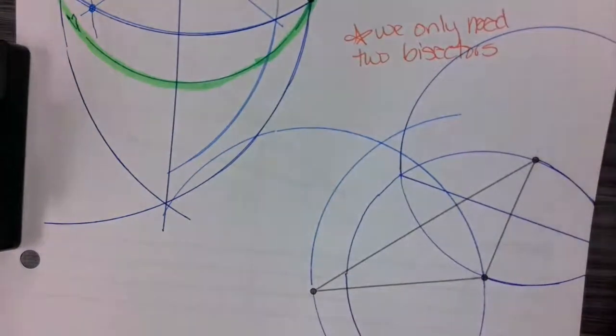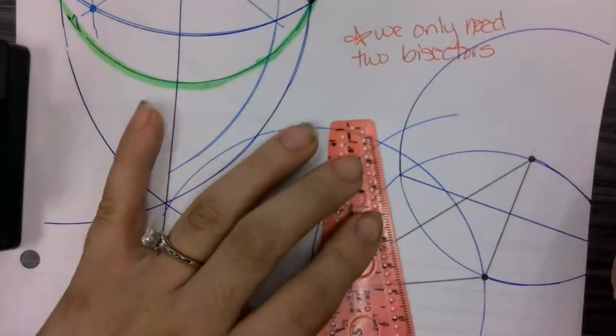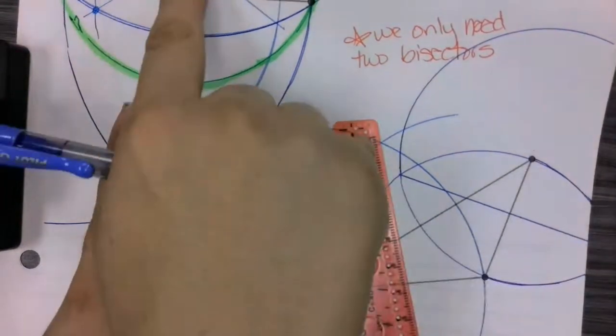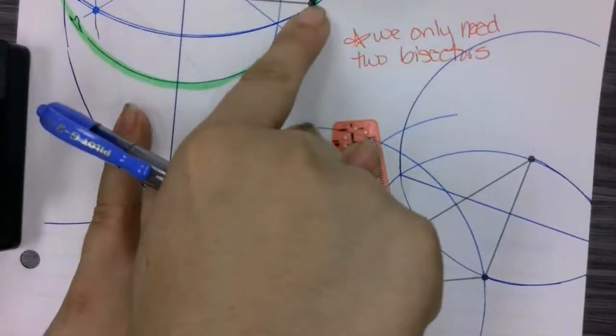Did you do your circle at the end? The circle's easy. You go from your point, and then you go to one of your sides.